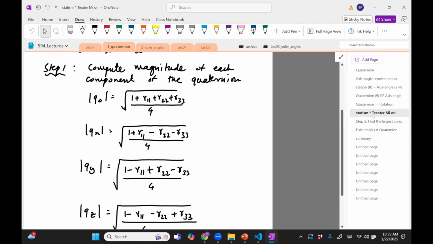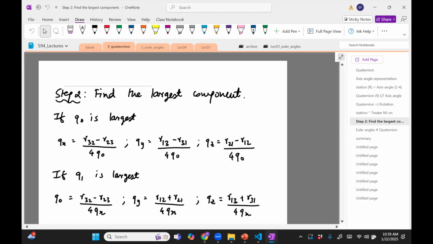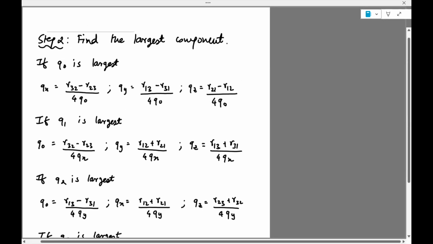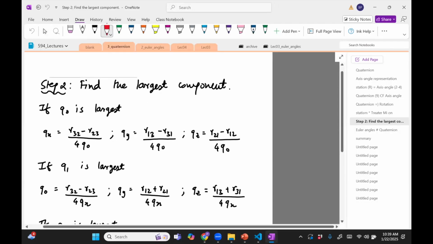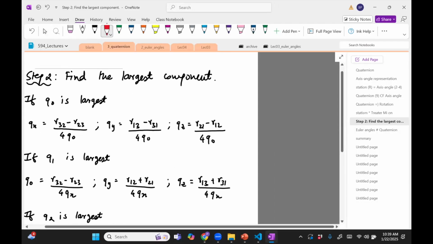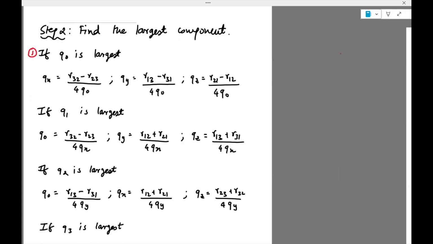The next step is, there are actually 4 cases. So that's 1: you see if q0 is largest. You've already found q0, qx, qy, qz in step 1. If it's largest, then this is the way to find qx, qy, qz.